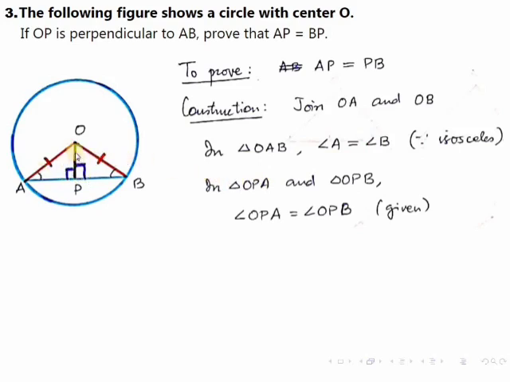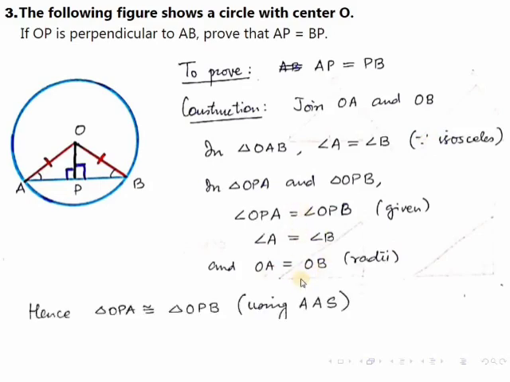Okay, right? So again we will observe these two triangles. Here it is given that this angle and this angle are 90 degrees each. Look at this: angle, side is given from the diagram. As I said, OPA and OPB are equal, and they are equal to 90 degrees each. Angle A is equal to angle B because it is isosceles, as I said. And OA is equal to OB, angle, side, isn't it?